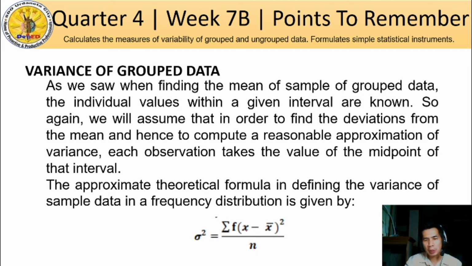So, i-square lang natin yon. Then, all over n. Okay? Ulitin ko lang po. We have here the variance, then the summation of all the frequencies times yung square nung nakuha nating midpoint minus the mean. I-square lang natin yon, then all over n.